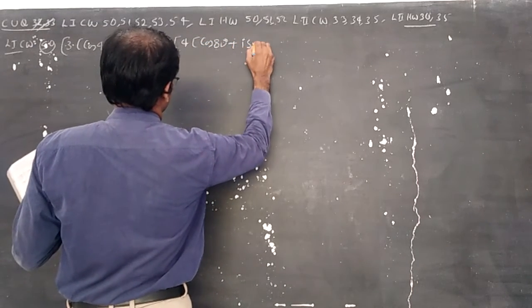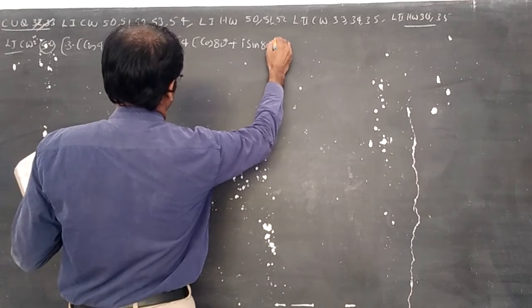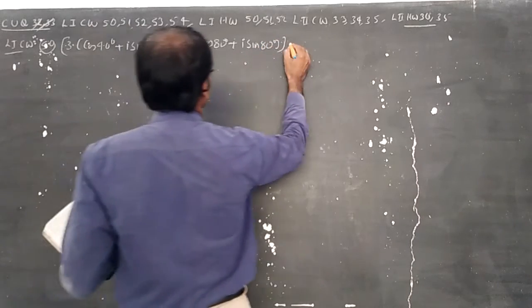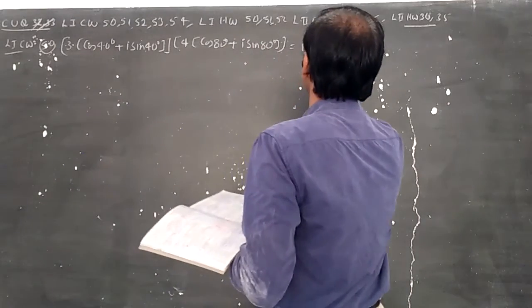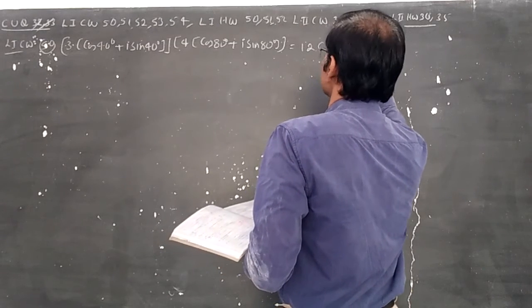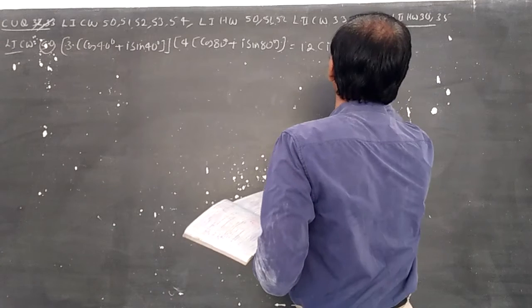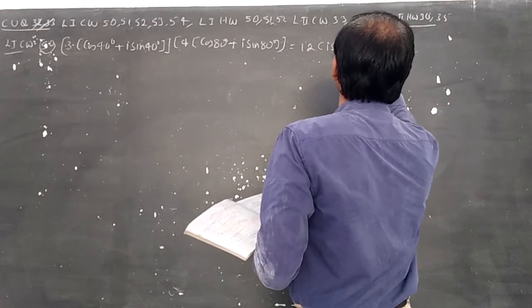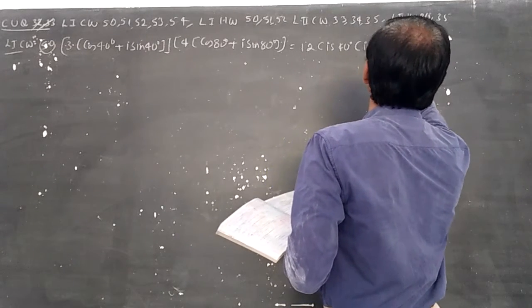Of course, this is an easy sum. 3 fours are 12. 12 into cis 40 into cis 80.